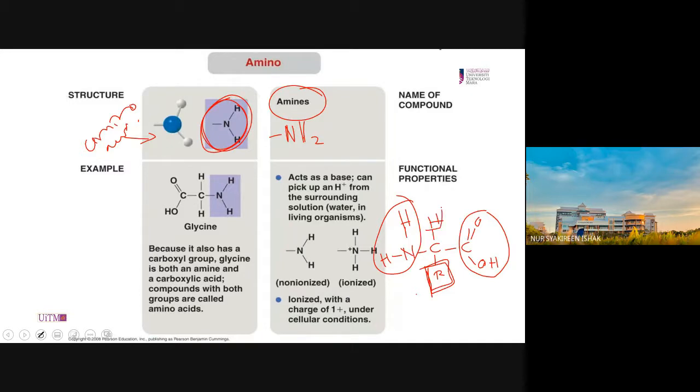This H is fixed here. So you have the carbon at the center of the molecule here.